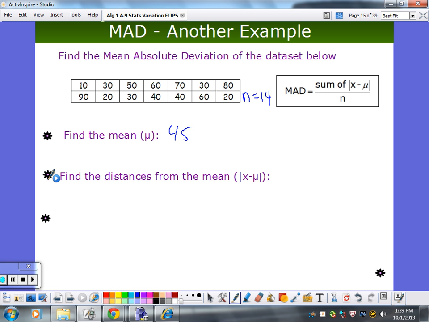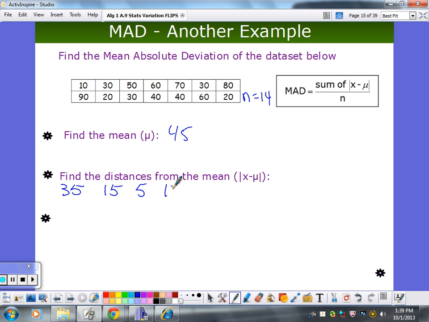Okay, got a lot of points here. So what's the distance between 45 and 10? What's the distance between 30 and 45? 50 and 45. 60 and 45.